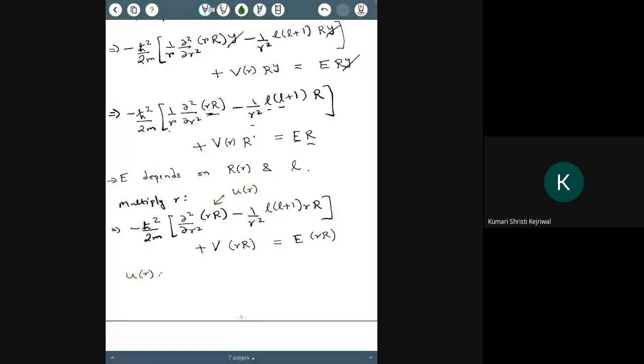I guess no one opposes this. It's just simple. Let U(r) equal this.